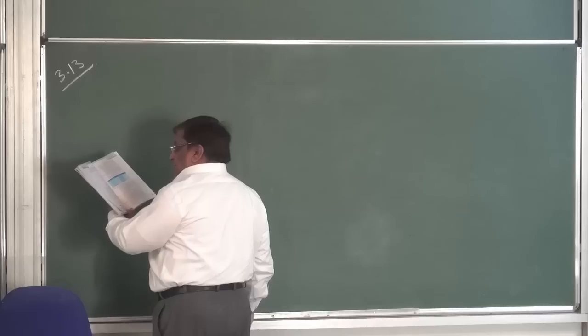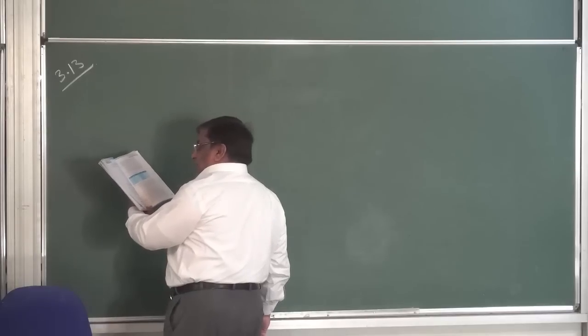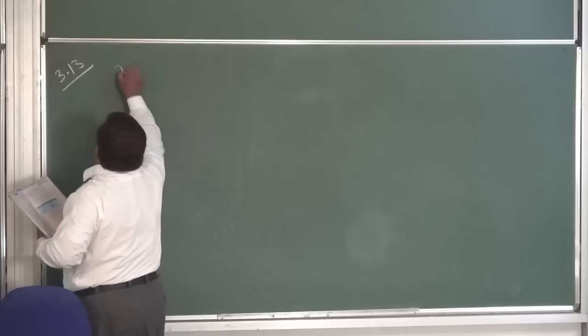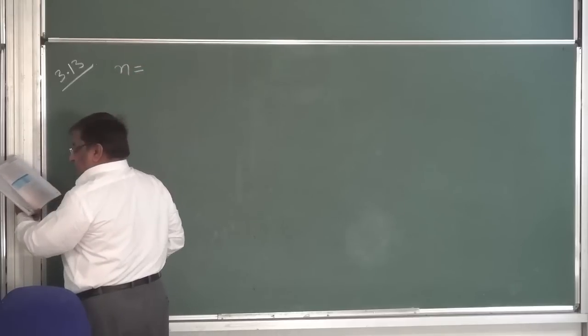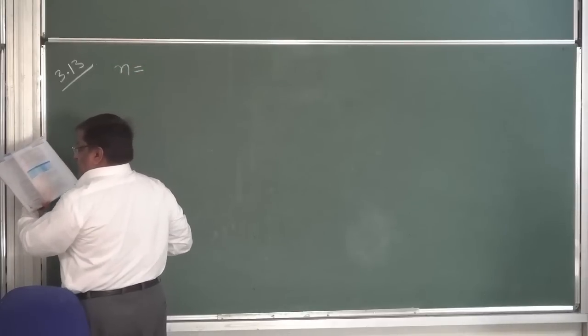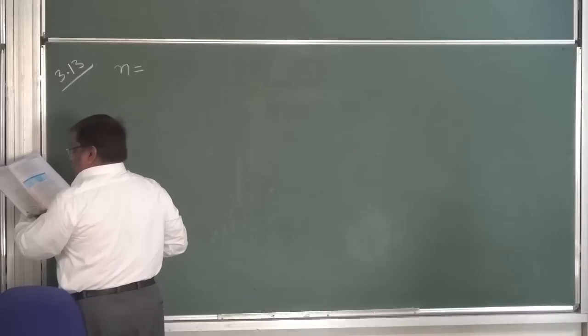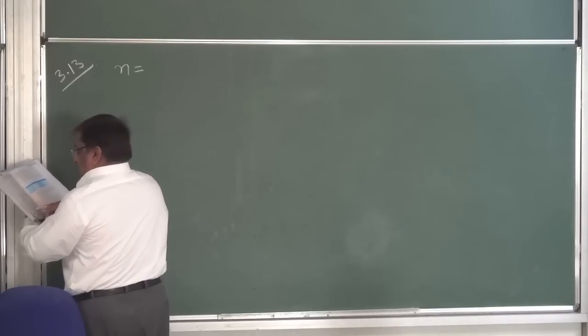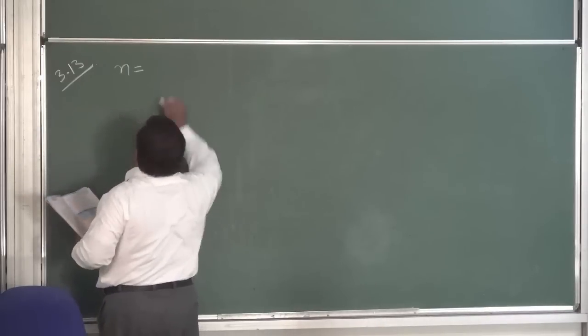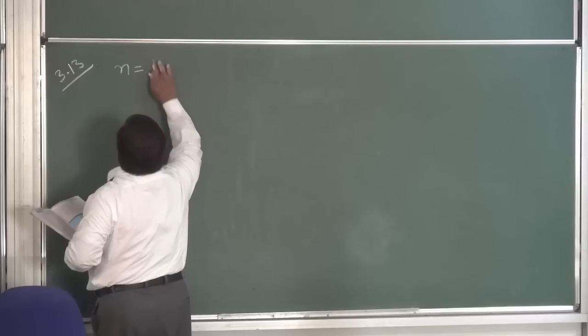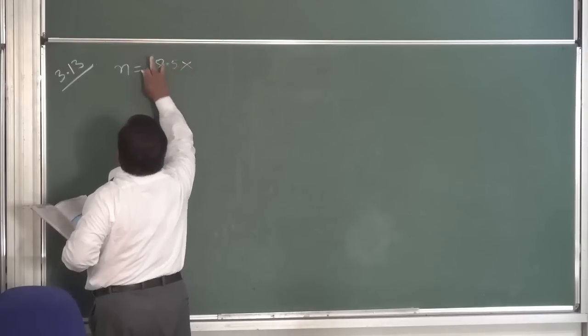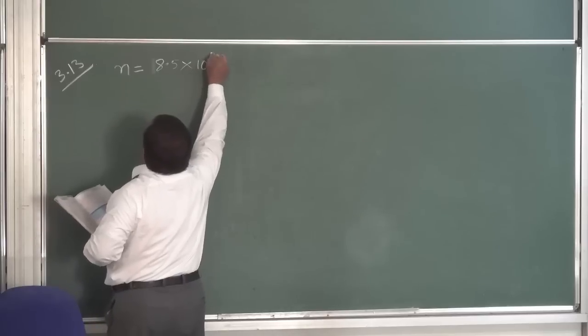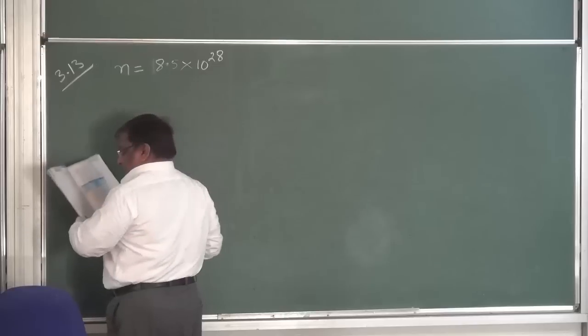The number density of free electrons n is given to us, 8.5 into 10 to the power 28.